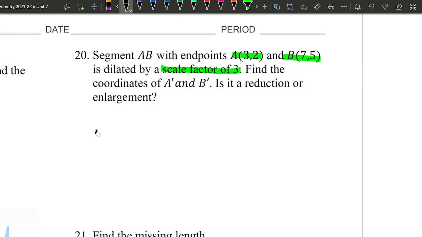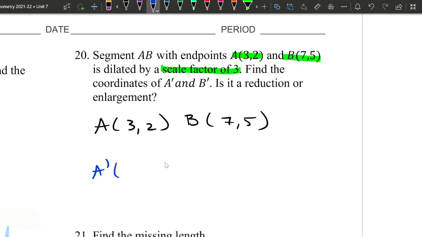All right, so A is at 3,2 and B is at 7,5. And I want to find A prime and B prime. I have the scale factor is 3.